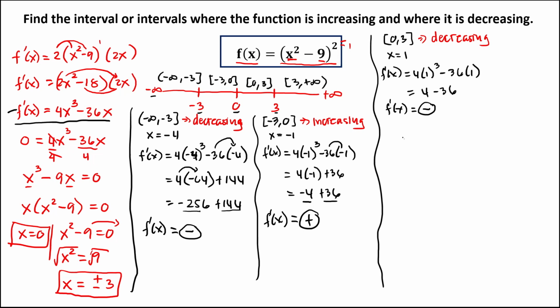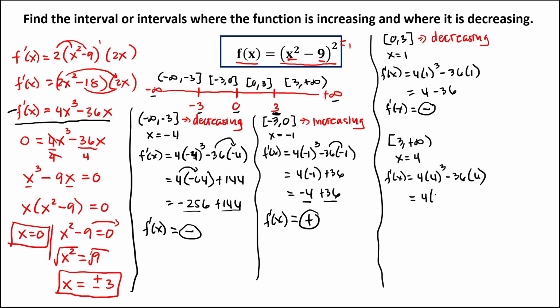Then the last interval, from positive 3 to positive infinity, we let x be a number between positive 3 and positive infinity. So we let x equals 4. Then from the first derivative, this is 4 times 4 to the power 3 minus 36 times 4.